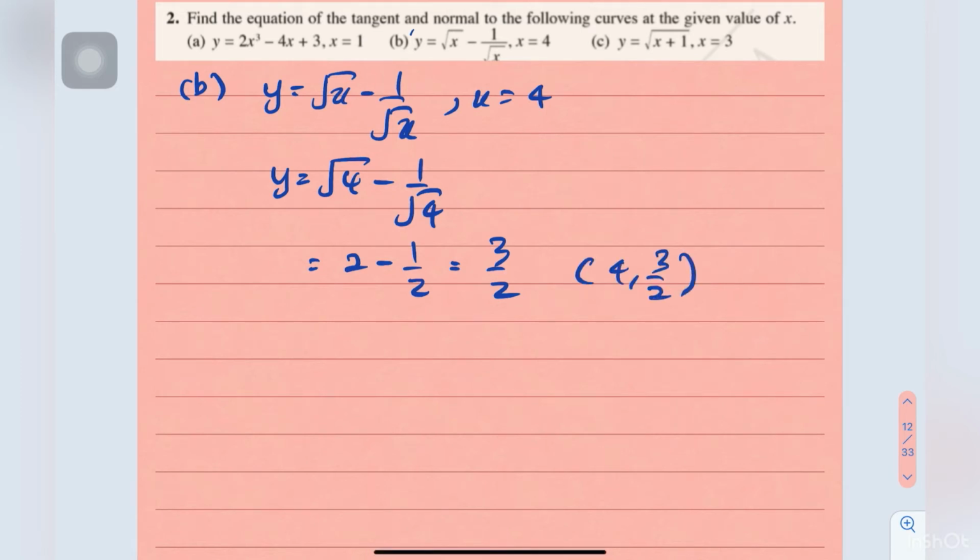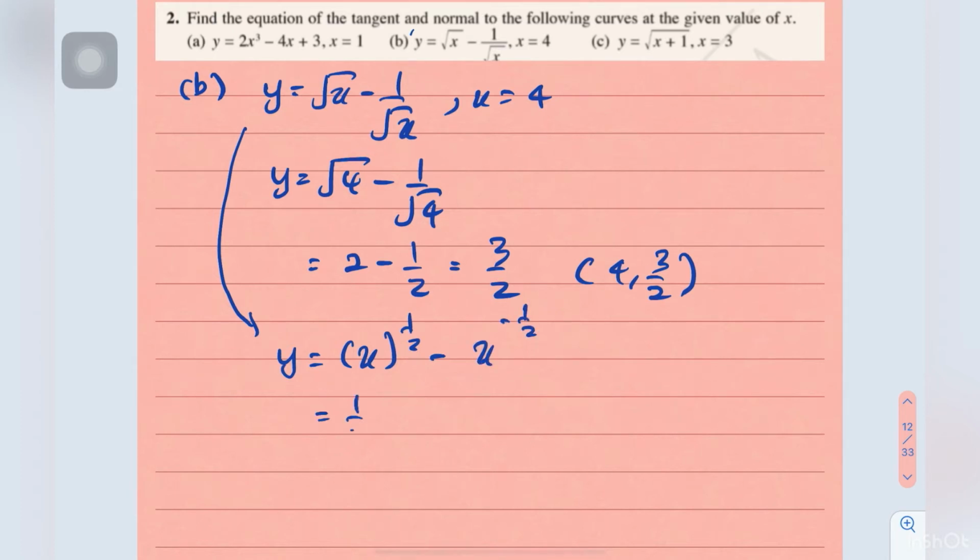So to find the equation of tangent, find the gradient of tangent first. Differentiate. So y is x to the power of half minus x to the power of negative half. So here dy/dx is 1 over 2 x to the power of negative 1 over 2 plus 1 over 2 x to the power of negative 3 over 2.